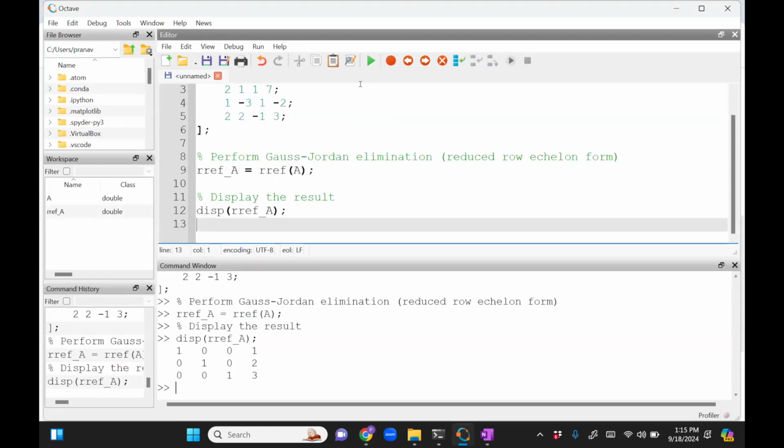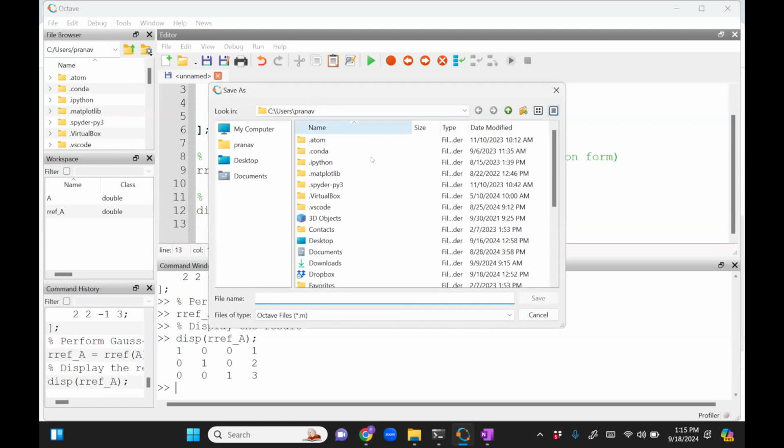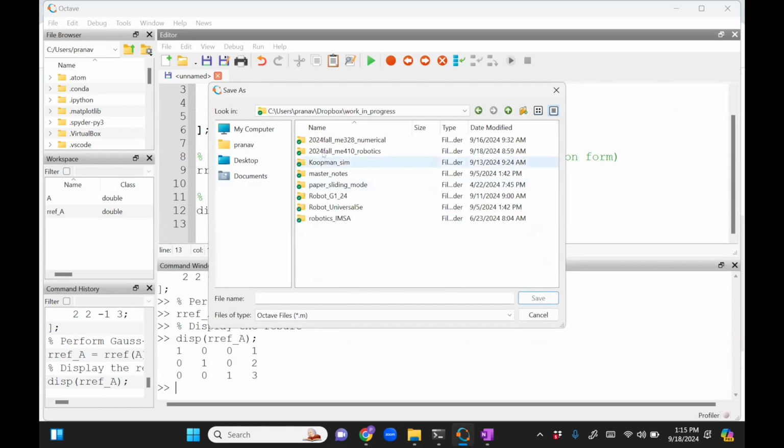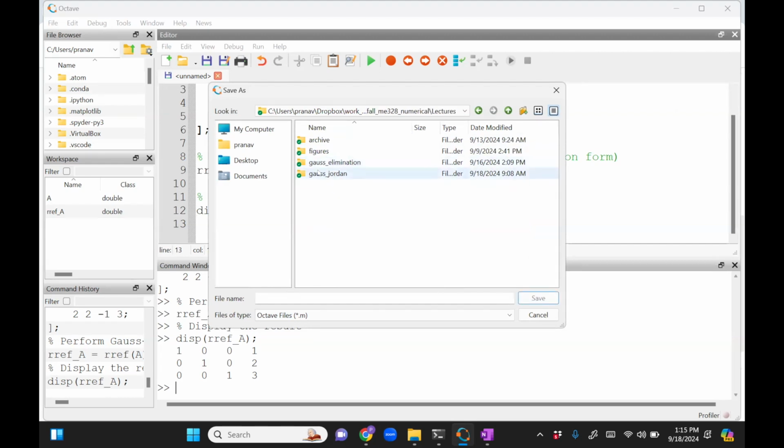Okay, and Control S. Books, lectures, Gauss Jordan. So let's call it main built-in.m.